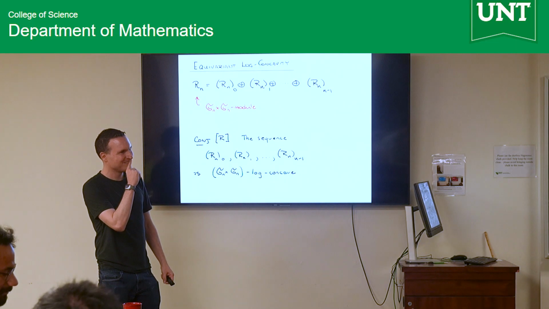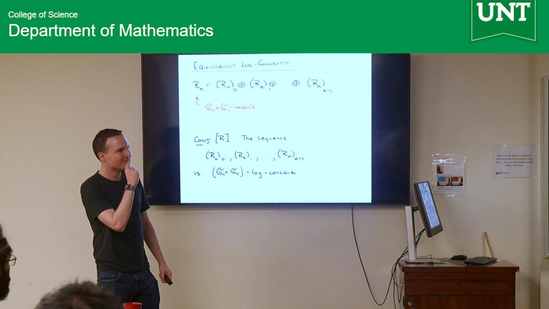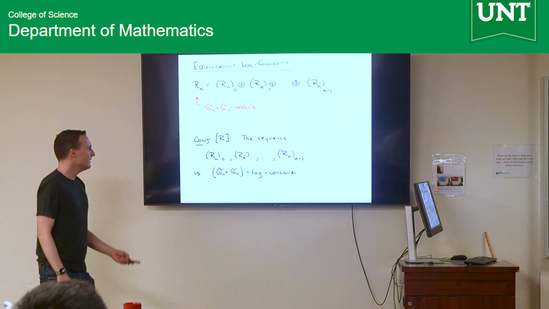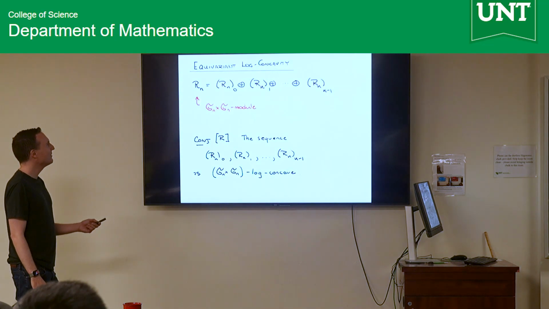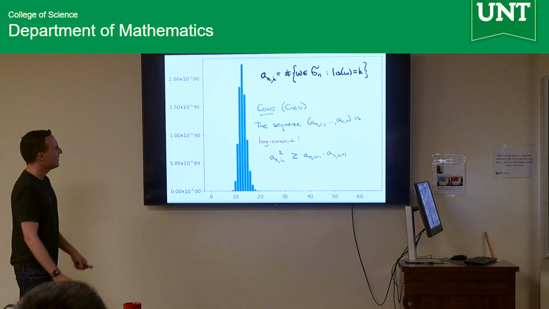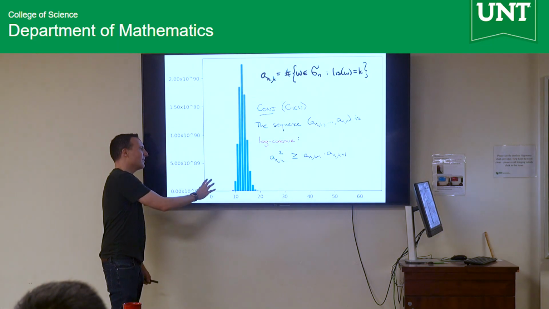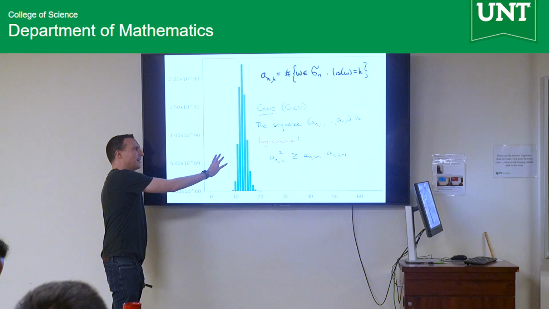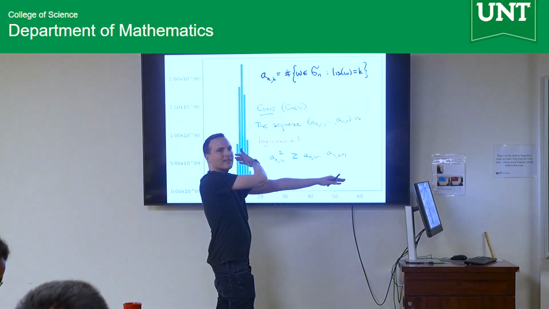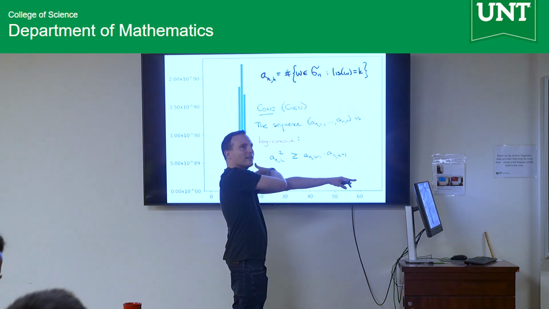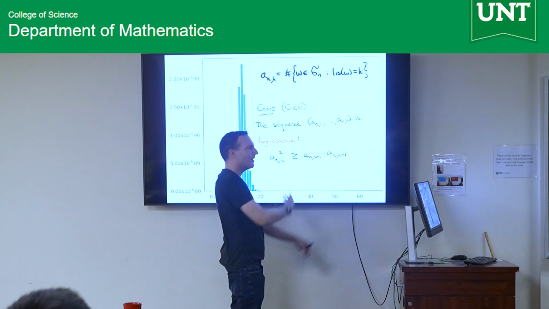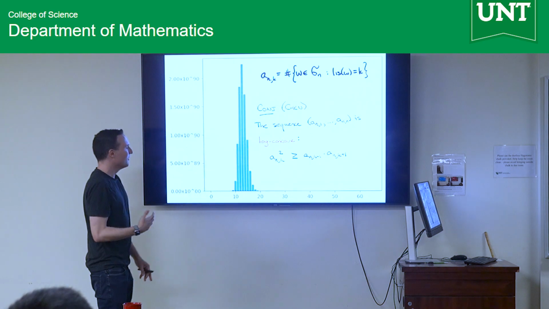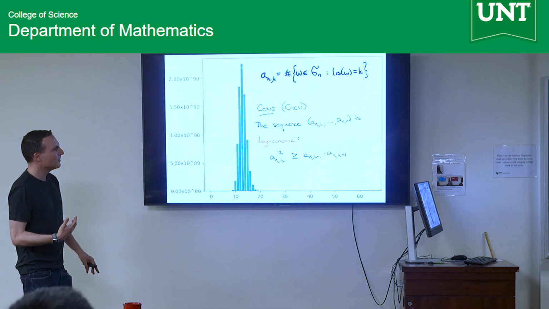Do you have a conjecture for a Lefschetz element for this ring? Is there a conjectural Lefschetz element for this ring? If we go back to this picture, the Hilbert series is obtained by taking this and reflecting. We conjecture that this thing is top-heavy, but we don't really have a conjectural Lefschetz element.